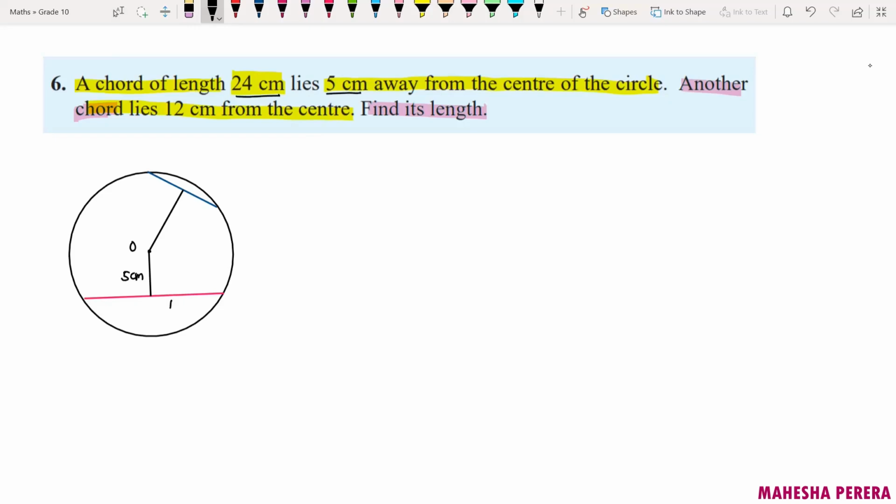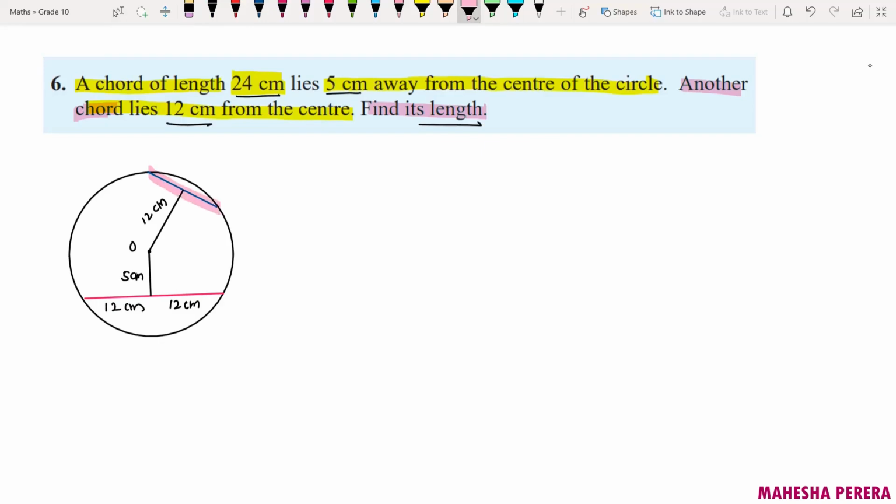That means this side is 12 centimeters and the other side is 12 centimeters. Right? Now the other chord is here, right? It is 12 centimeters away. So I'll mark 12 centimeters here. Okay, now we need to find its length. So we need to find the length of this chord.